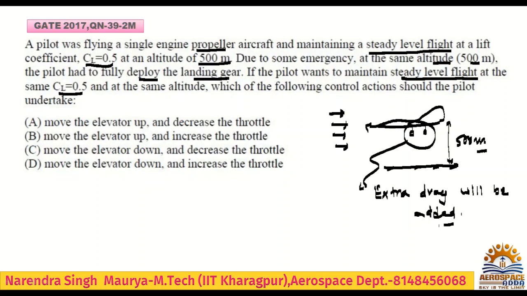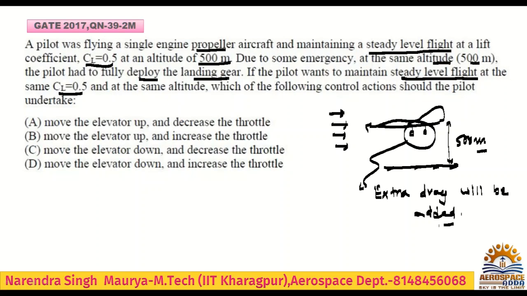Number one. So whenever drag is added, if you want to maintain a steady level flight at the same CL, what should you have? Simply you should have more throttle. More throttle means you are going to give more thrust.